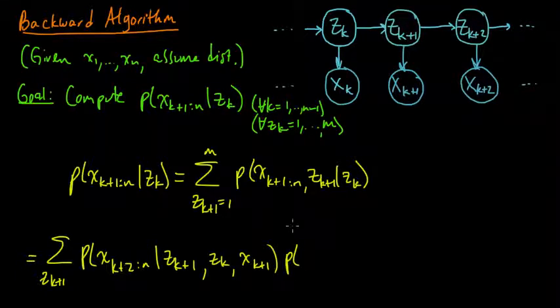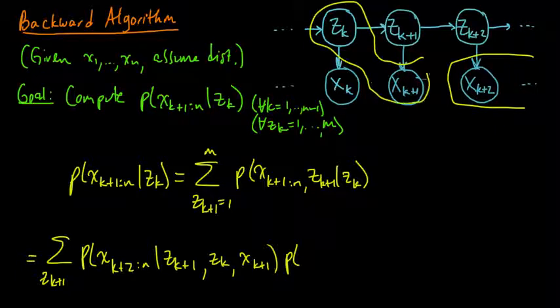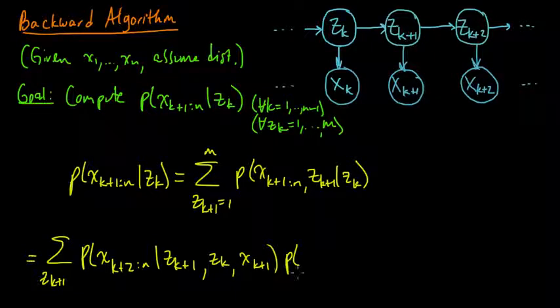So there's going to be more, but xk plus 2 to n, given zk plus 1 and zk, I want to say that this is conditionally independent of these given this, in order to get something that looks like this. So we can drop these guys out, and that is going to be the case. Okay, so that's looking good. We'll come back to that in a sec.